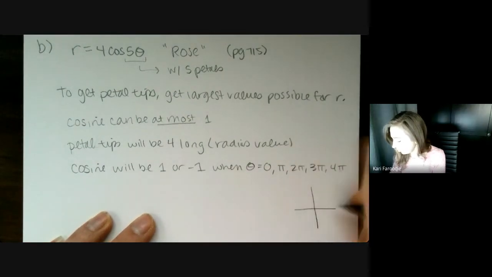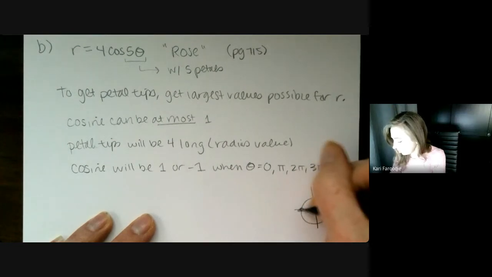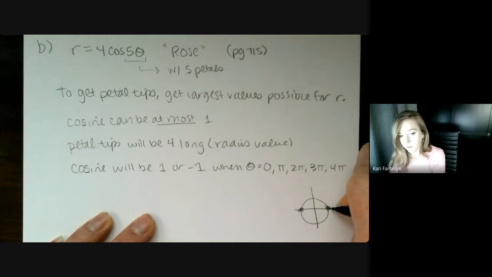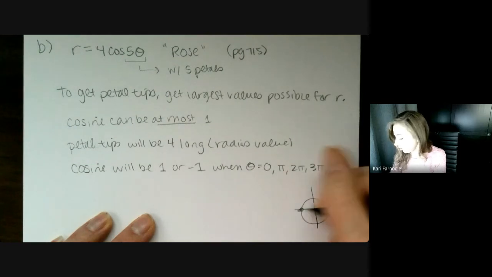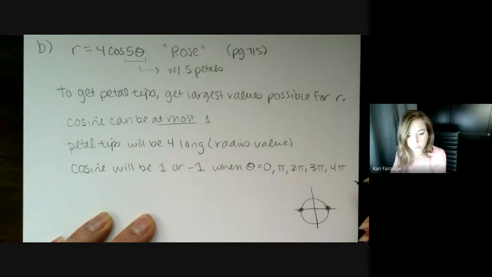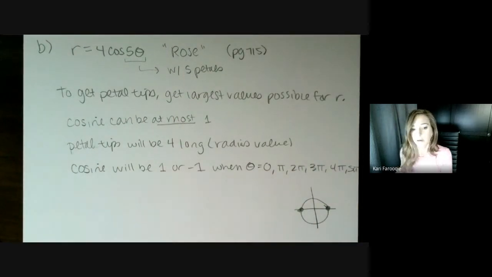I mean, think about what you know about your unit circle. Here and here, the x values will be either 1 or negative 1. So that happens at 0, pi, 2 pi, 3 pi, 4 pi, so on and so forth. Technically, you can include 5 pi. You might not need it.